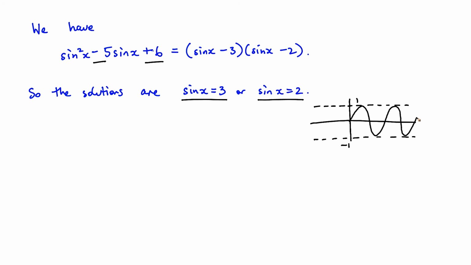It oscillates forever and comes down here. So now if we come back to these equations, what values of x is sine x equal to 2 or sine x equal to 3? Well, there aren't any, because sine x can only sit between plus and minus 1. So in fact, our original equation has no solutions.